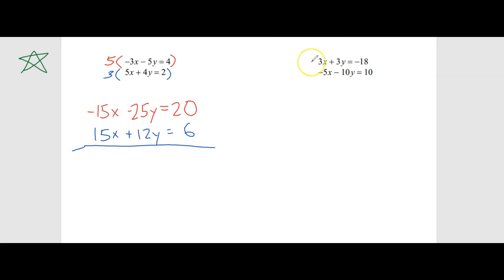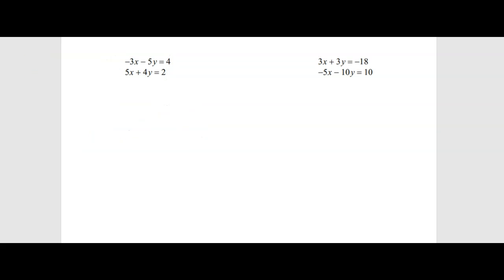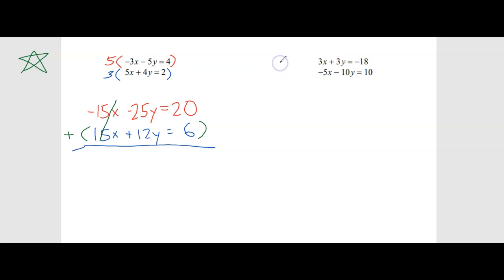Now I just need to decide, do I need to add or subtract these equations together? Well, I just need to add, because negative 15 and positive 15 are opposites, so those will automatically eliminate. And I'll get negative 25 plus 12, which is negative 13y, is equal to 26.